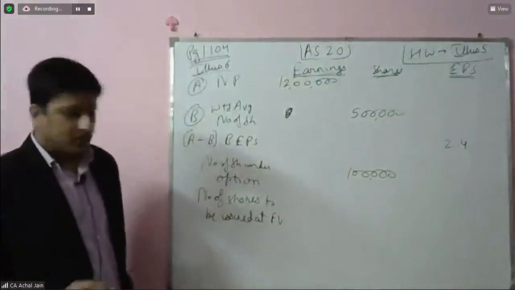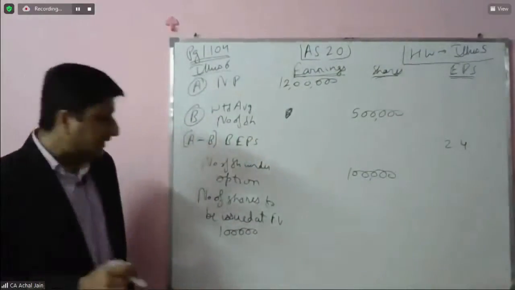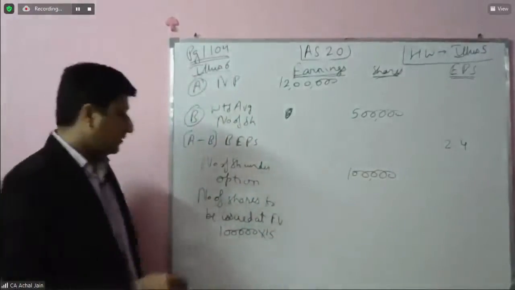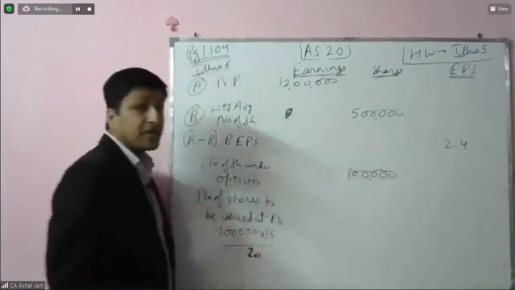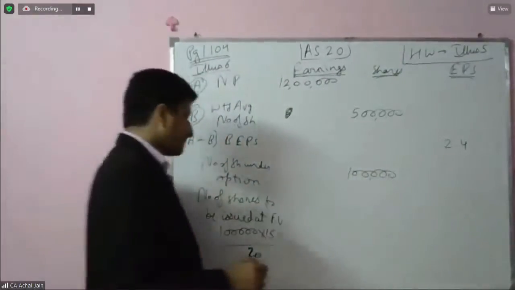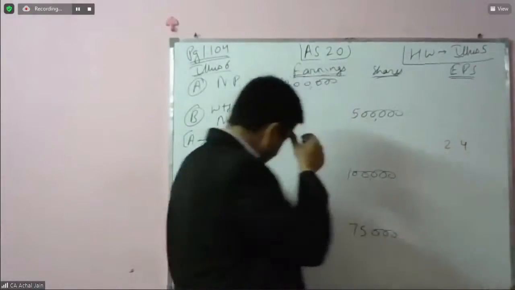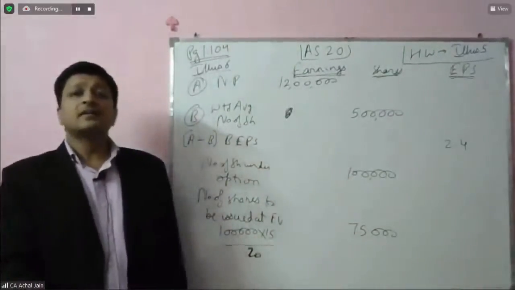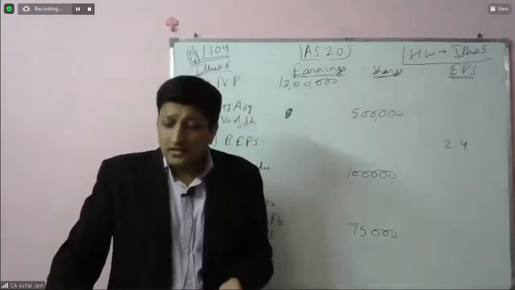What is going to be that number? 1 lakh into 15 divided by 20, which is nothing but 75%. So what will it become? 75,000. So these many number of shares will be issued to him at fair value. So he is paying the price for this and getting the shares.